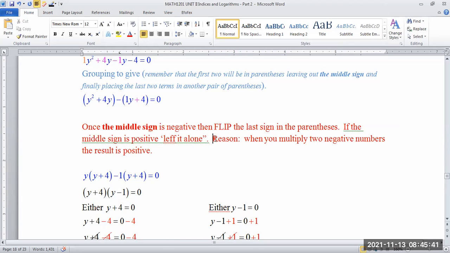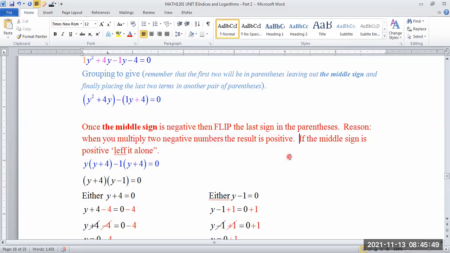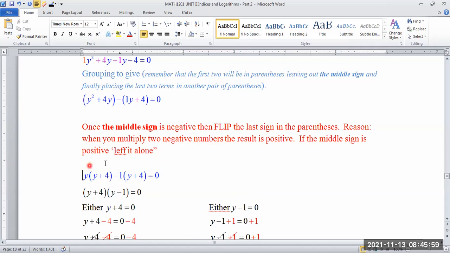For consistency, let me put the reason up here. Now, let's continue.